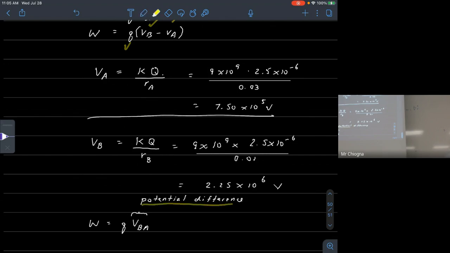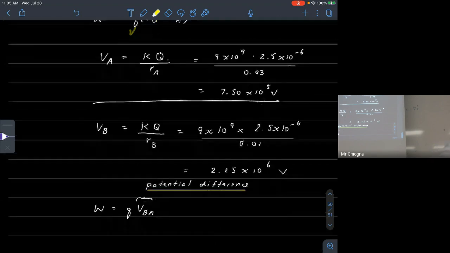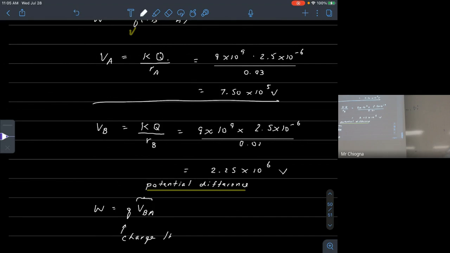That's the proper term. So the work done is equal to the small q, the charge that moves, that you're doing work on, times the potential difference.